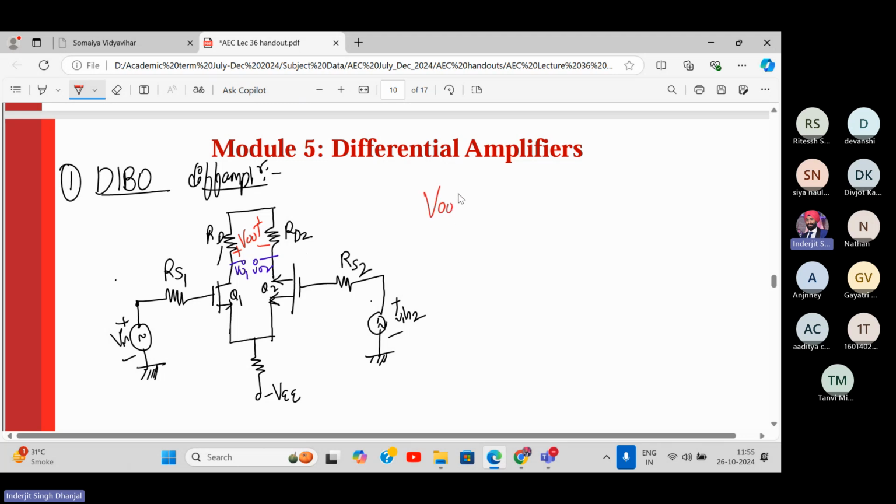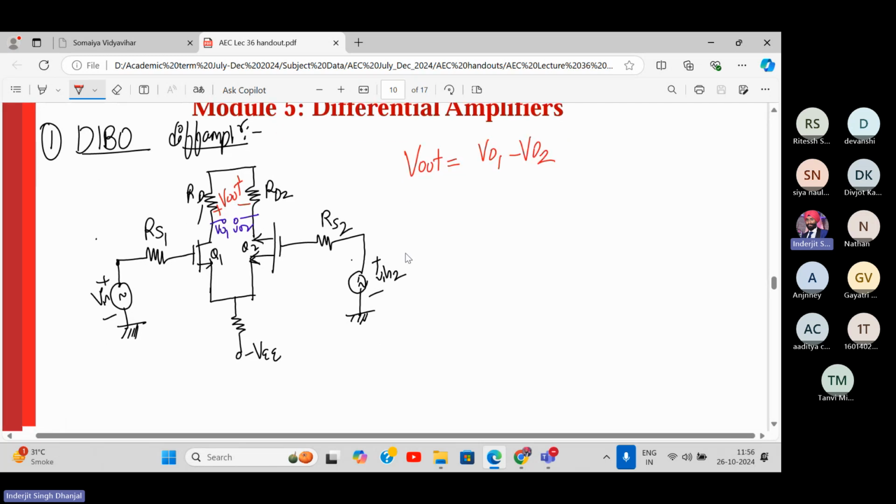So your Vout will be equal to Vout1 minus Vout2. So this is my differential balanced output. And for dual input, we have Vin1 and Vin2. Balanced output means it's taken across both the collector terminals, the drain terminals. All right. Can we go to the next configuration?